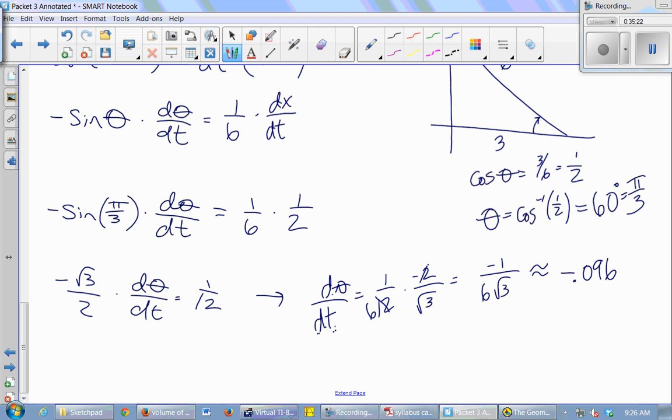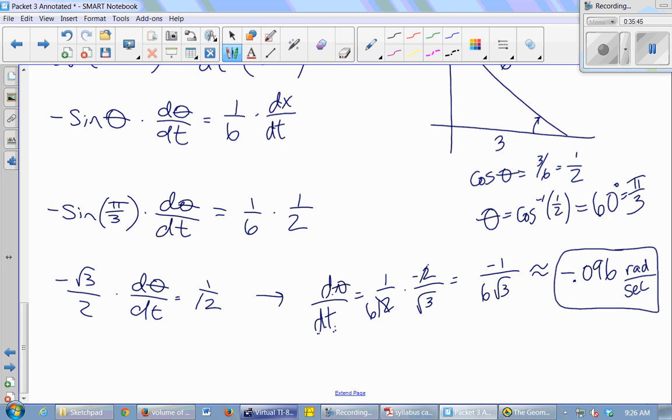Okay, so let's think about the units. What are my units on theta? Radians. We're measuring in calculus, you measure angles in radians. So this is 0.096 radians, and my units on time were seconds. So this is negative 0.096 radians per second.